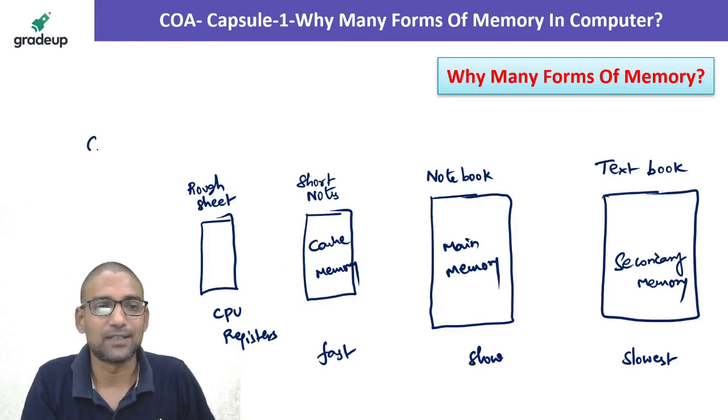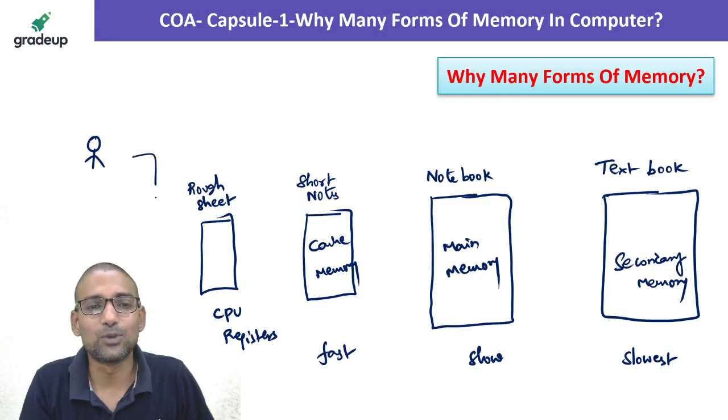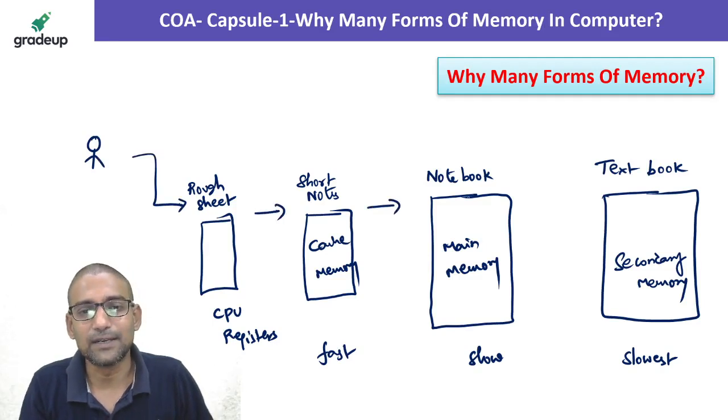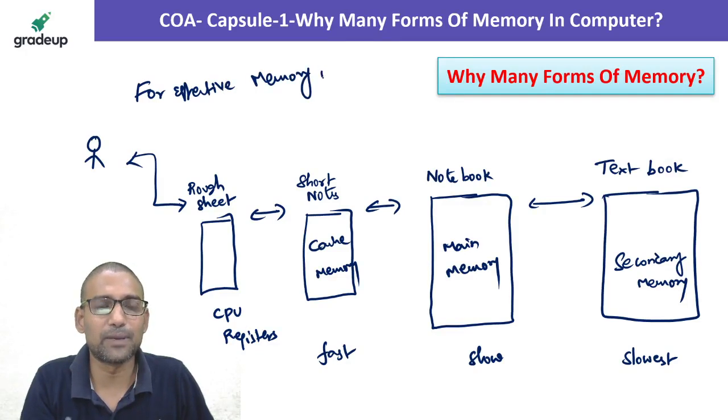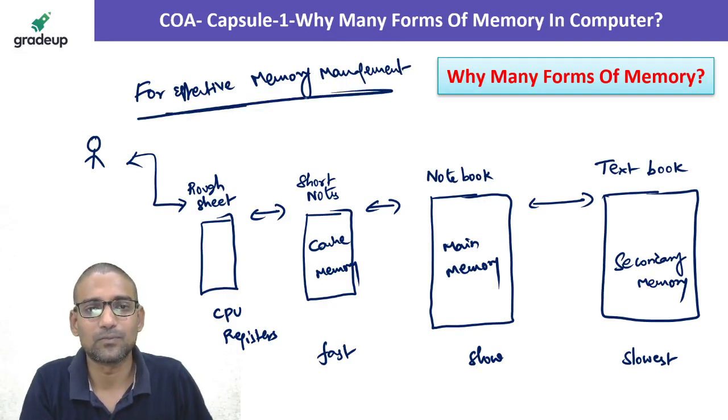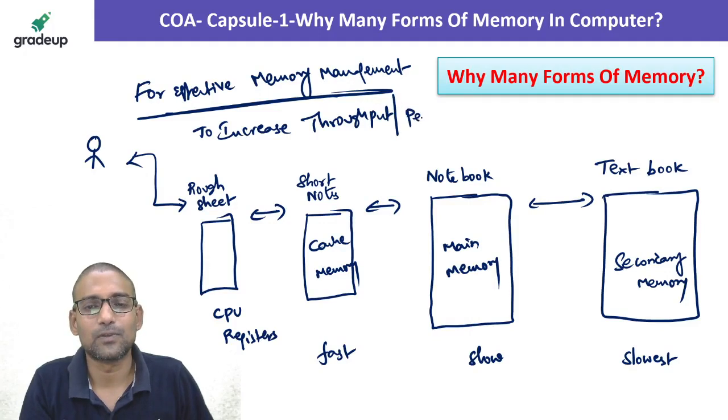You understand? Now the hierarchy. Don't you require all this? Definitely these are all required. Why? For effective memory management, or to increase throughput or performance of the CPU, we require these many forms of memory.